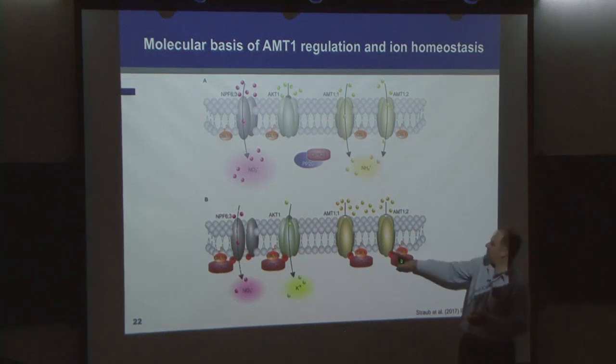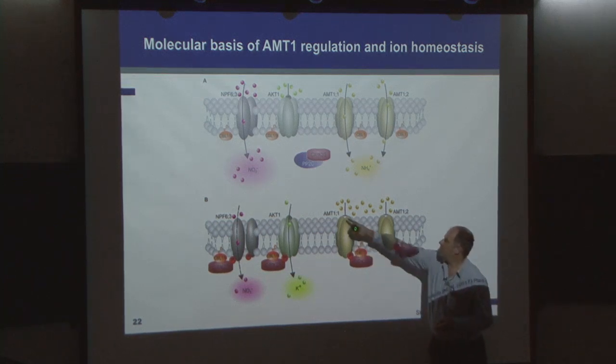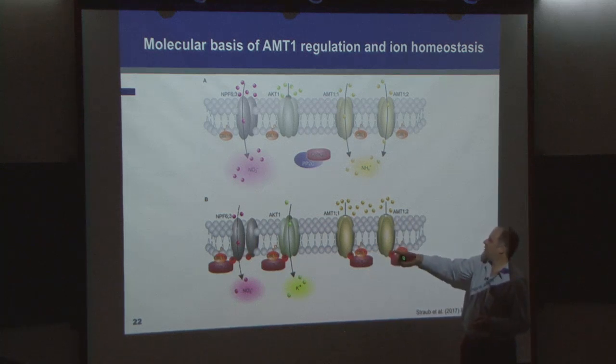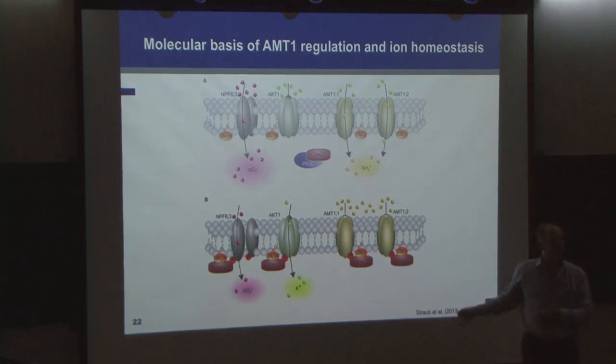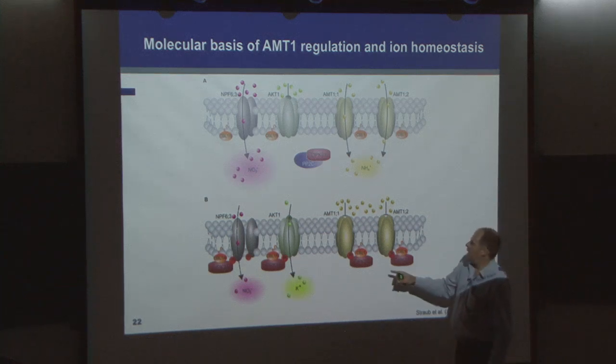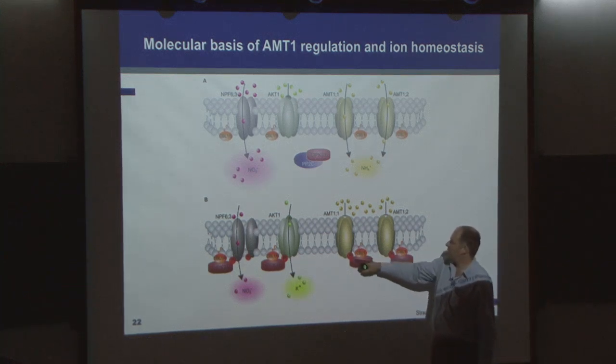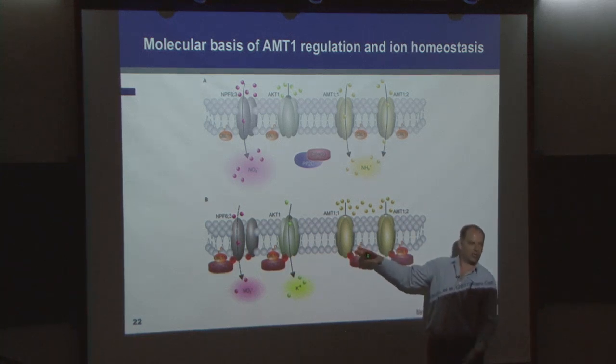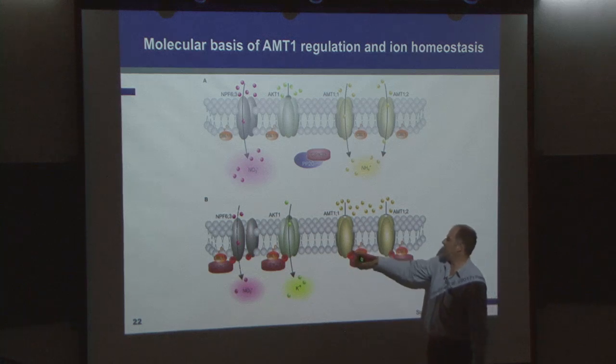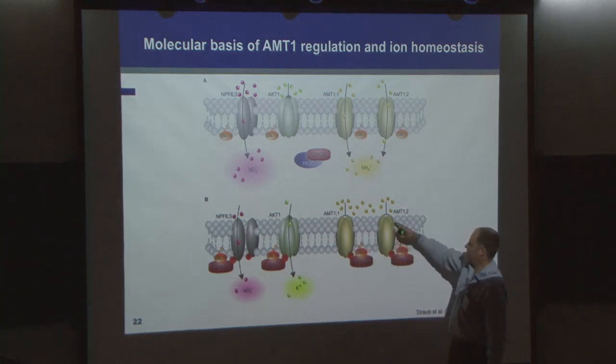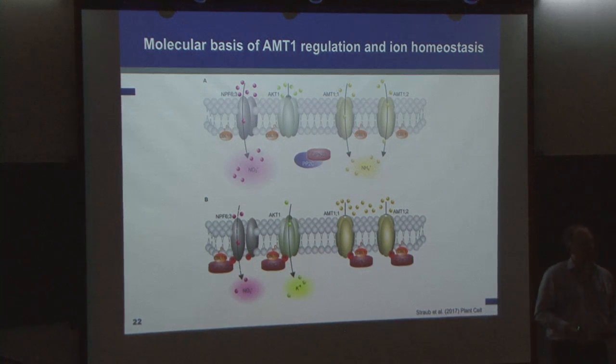Phosphorylation in the C-terminus, both in AMT1-1 and AMT1-2, they have the same site. This also applies for AMT1-3, but not for AMT1-5. And we have recently identified the kinase that is involved in phosphorylating this transporter and shutting it off. So phosphorylation switches off the transporter under higher ammonium availability because probably too much ammonium may be toxic to plants.